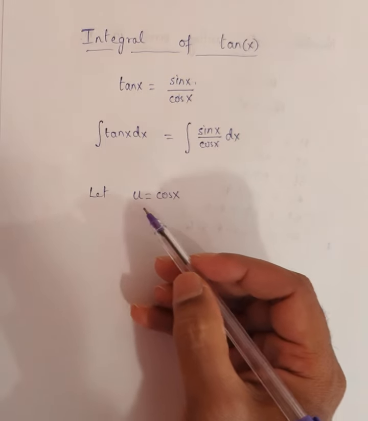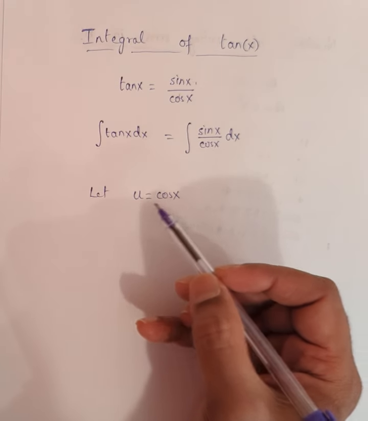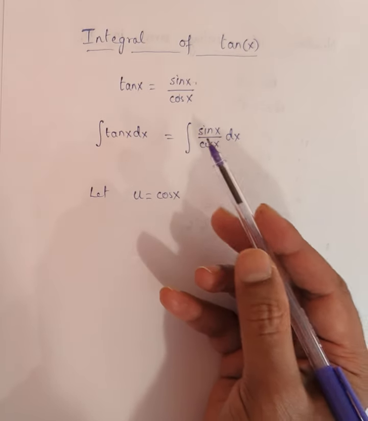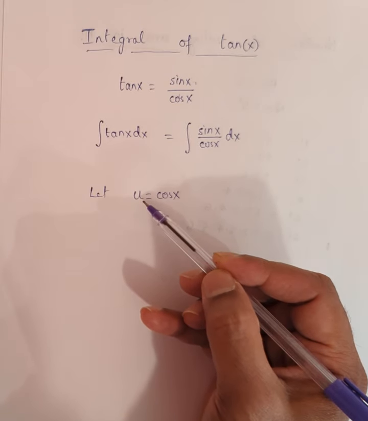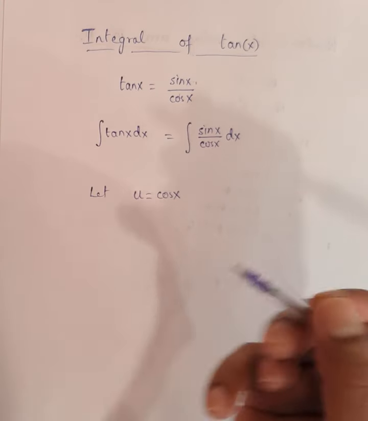Then what I'm trying to say is I don't want to deal with x anymore. I'm going to deal with this variable u. But I can't be integrating some function of u with respect to x. I want to integrate with respect to u.